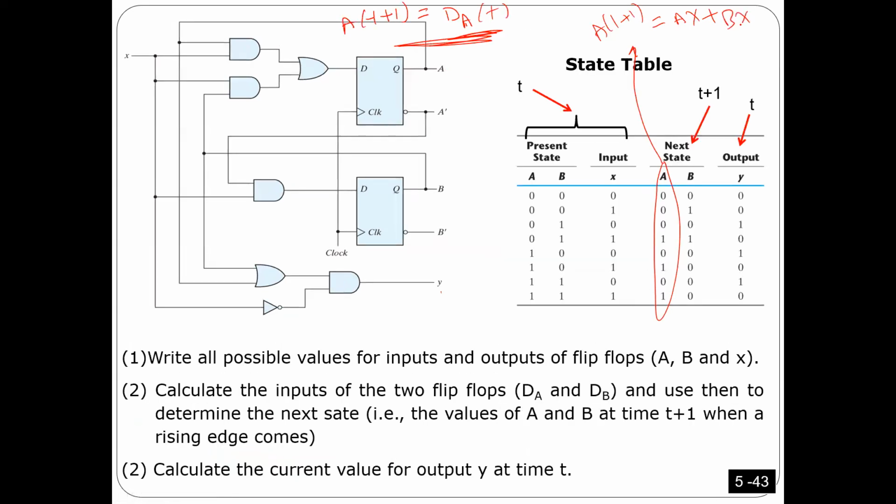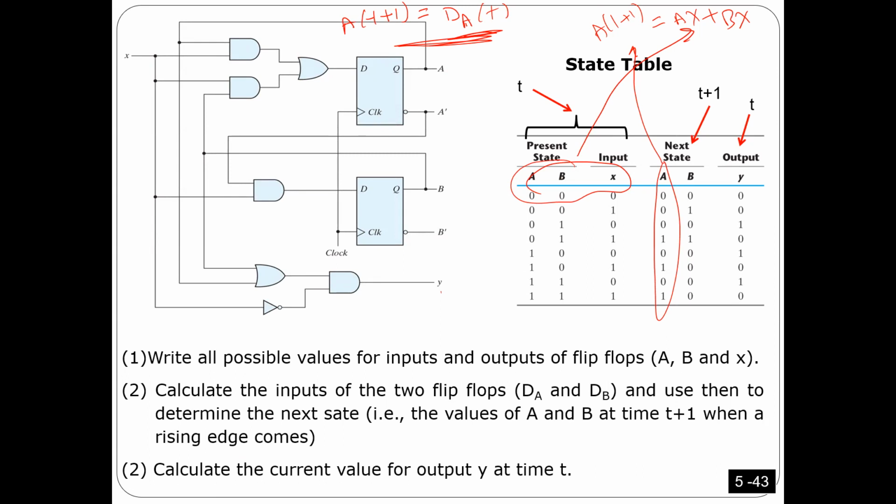That's it. All you have to do is take A here and X here, plug them into this equation, and you get the value of A. You can fill up this column. So again, I got a relation: this one is A at t plus 1 because this is the new state, and this one here is B at t plus 1. So I have a formula for the relation between this one and these three: A and X, or B and X. Just use this formula and I fill this one up.